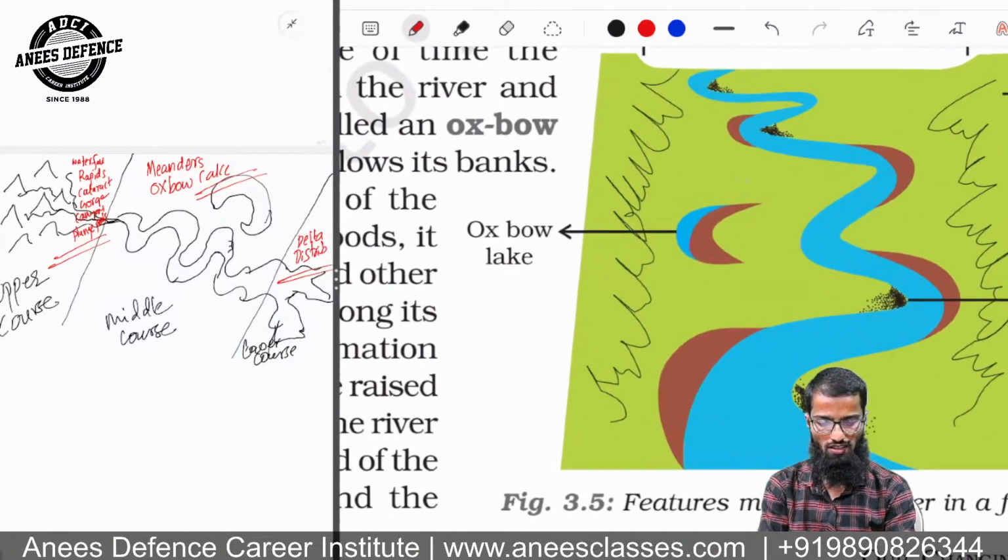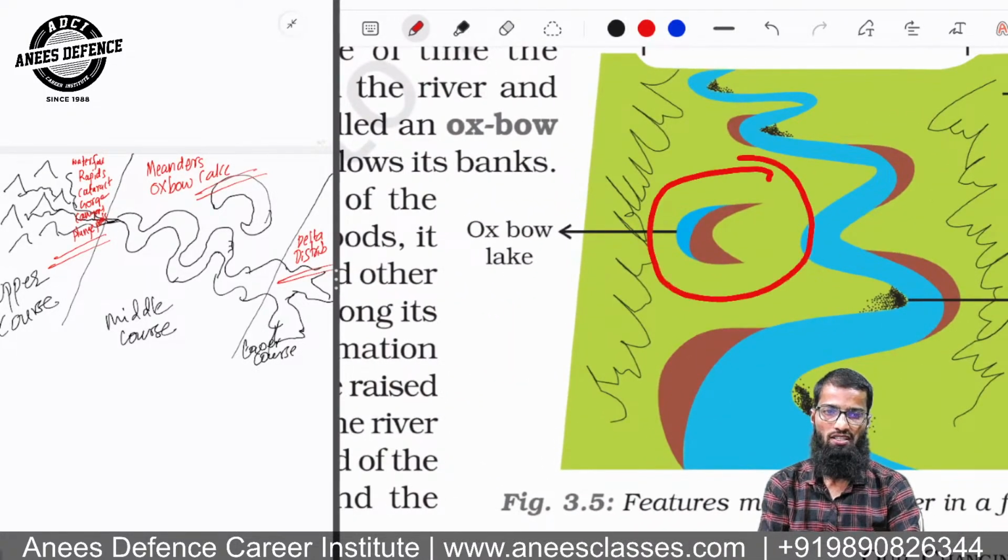It has been created due to additional deposition of sediments. Remember that, because the kinetic energy of the water gets reduced in the middle stage, the speed of the water slows down and sediment starts to deposit, creating an obstacle for the water to flow.